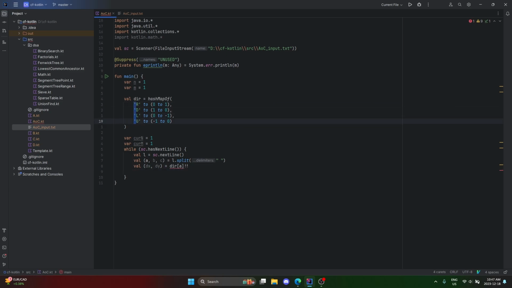So, yeah, do this. There we go. So now I have the size of the grid.